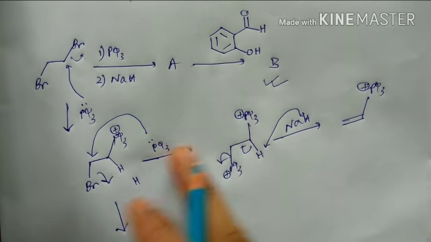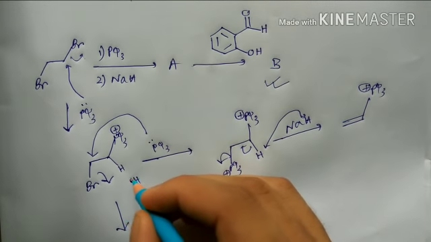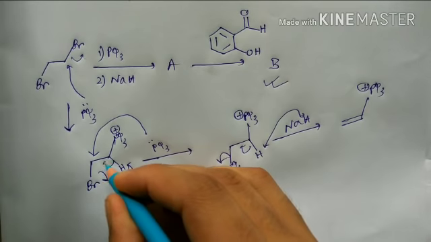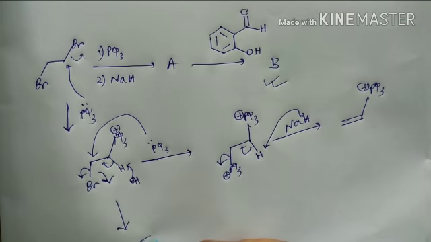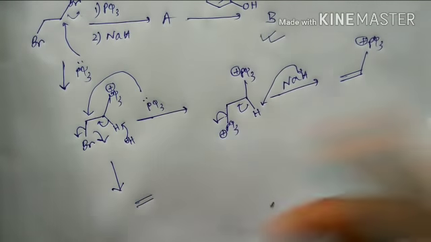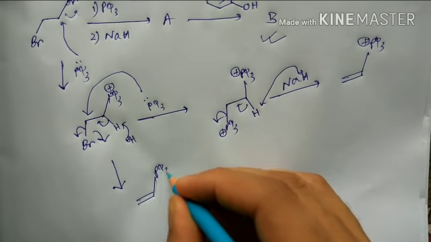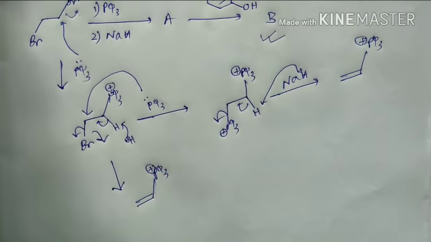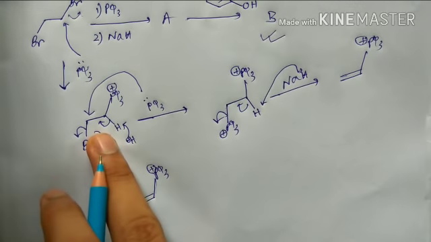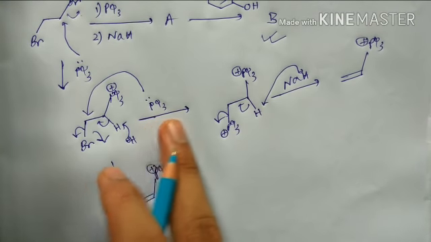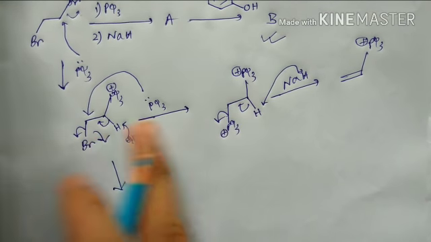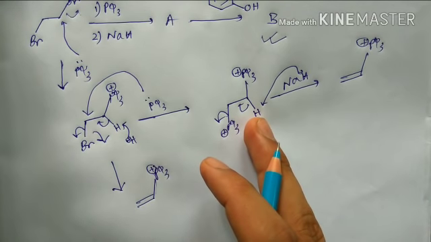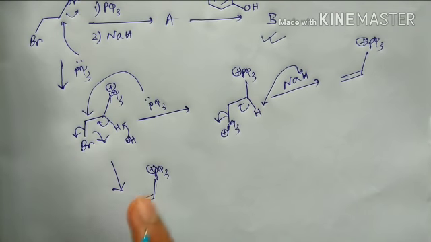If the reaction doesn't proceed, then this hydride can take this hydrogen from here also, and you will get the same thing. So you can see whether the reaction stops at the first step, that is the attack of triphenyl phosphine here, or goes up to there, that doesn't matter, because at the end you will get this only. So this is your product A.